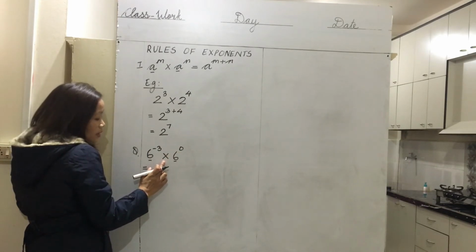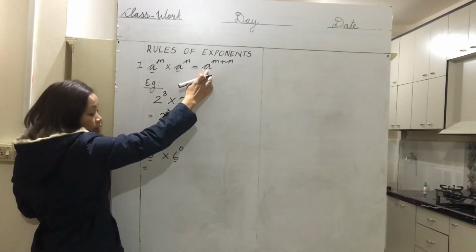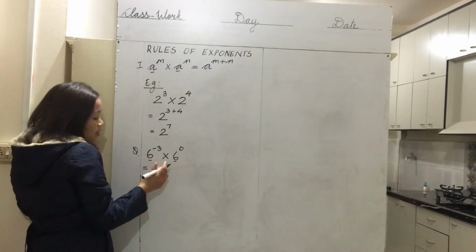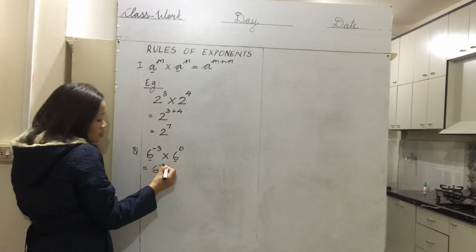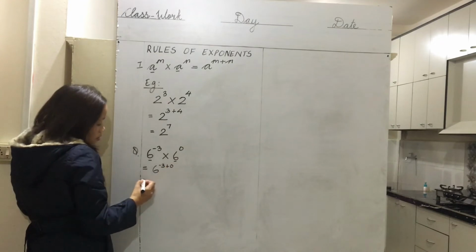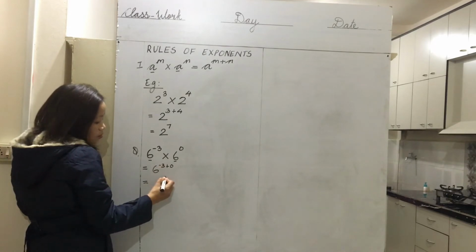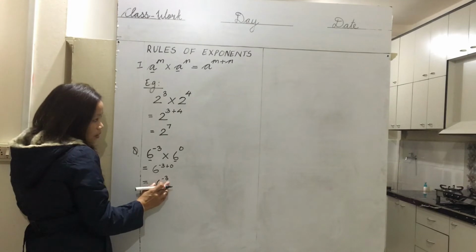Rule number 1 we can apply. So we will add their powers. So here we will take the base for one time since their bases are same. So minus 3 we add it to 0. Then what do we get when we add minus 3 and 0? Minus 3 plus 0 means minus 3. So our answer will be 6 to the power minus 3.